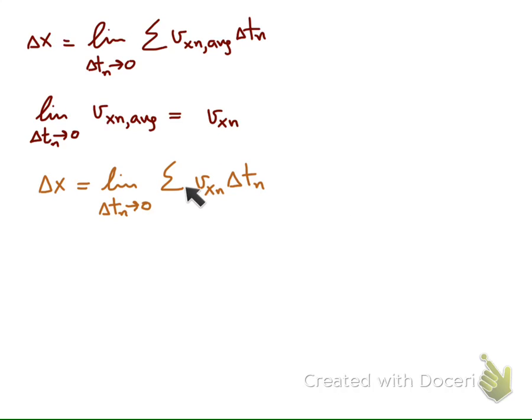So each piece is very small, but the number n can be very large. In calculus, we have a technique to calculate this kind of summation.